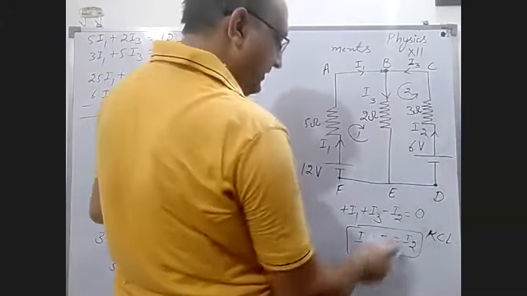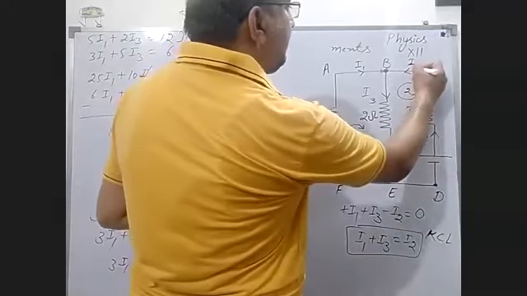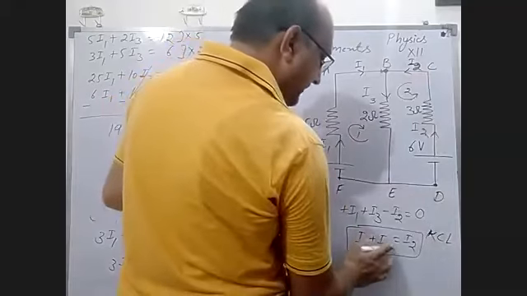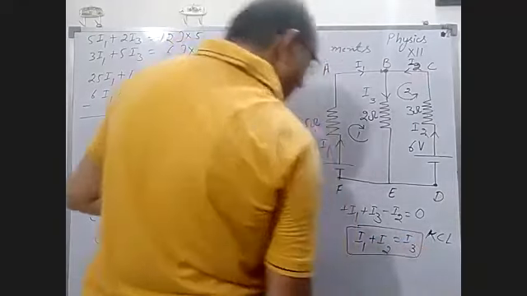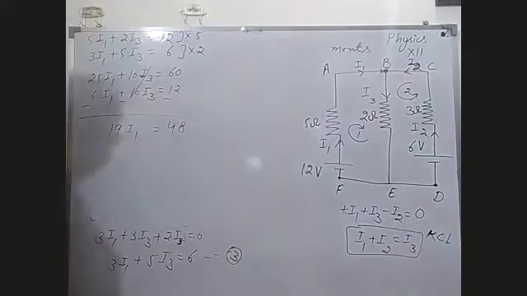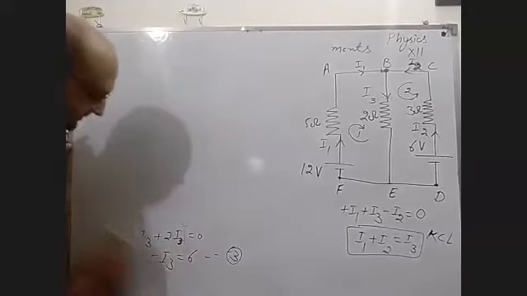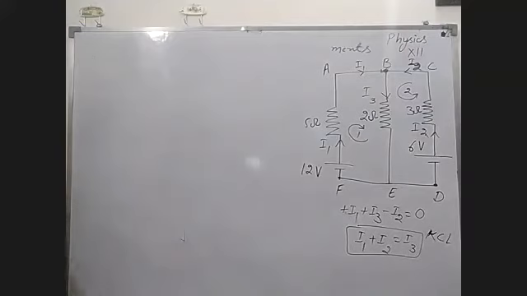I1, I3 is equal to I2. I have to take here I2. I1 plus I2 is equal to I3. This is the mistake. Instead of I3, we have to take this thing. Now solve again this thing, because I1 plus I2 is equal to I3 in this equation.